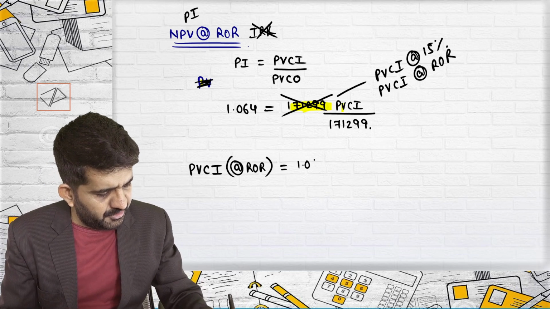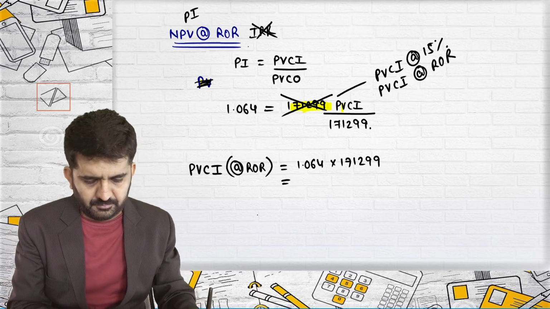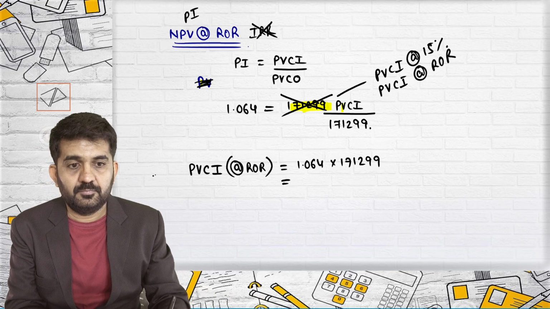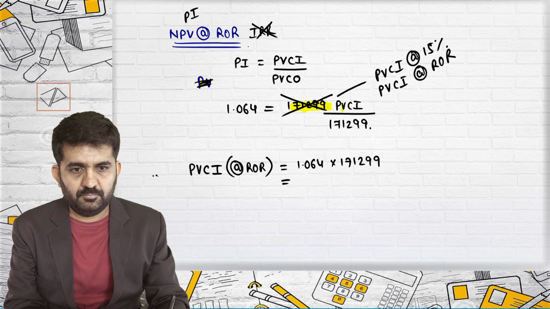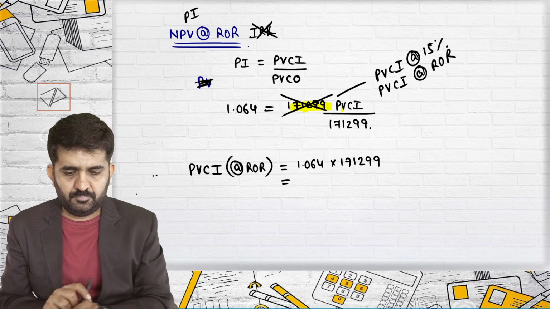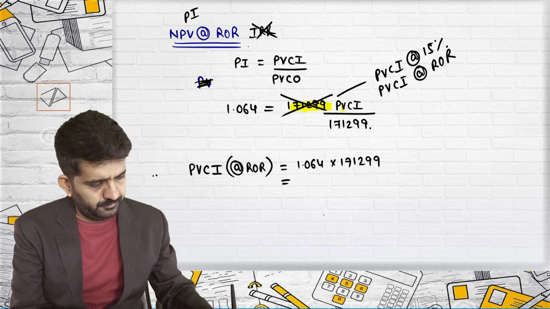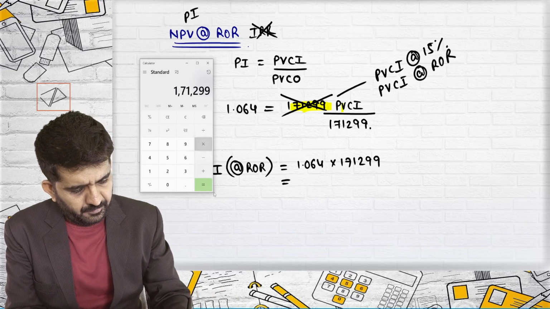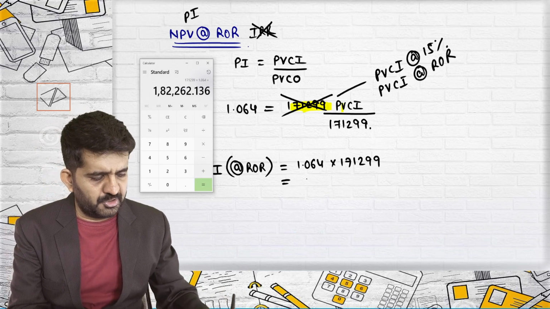It is 1.064 into 171,299. One seven one two nine nine multiplied by 1.064 is 182,262.